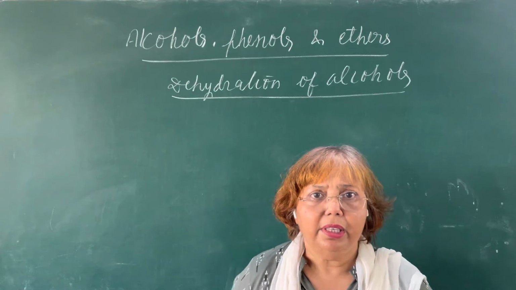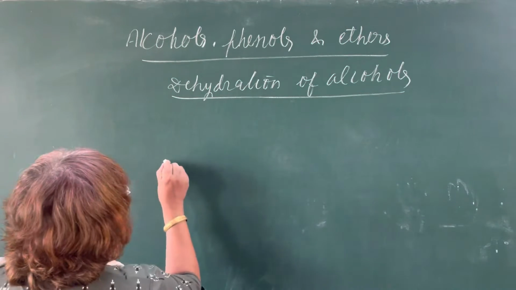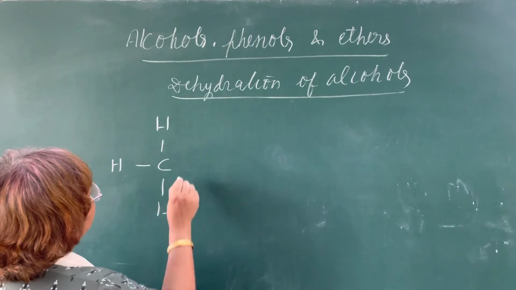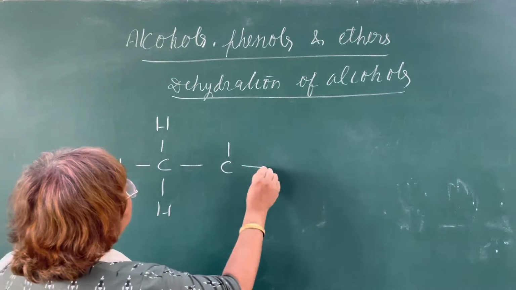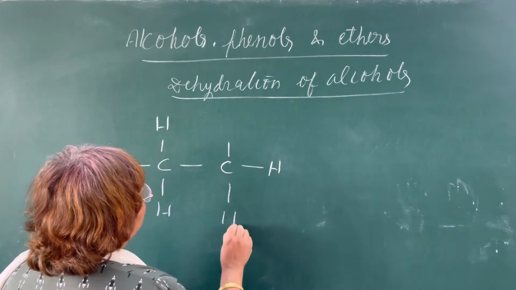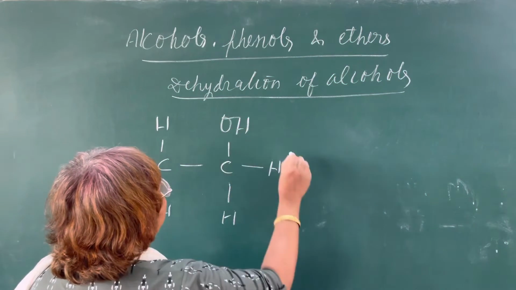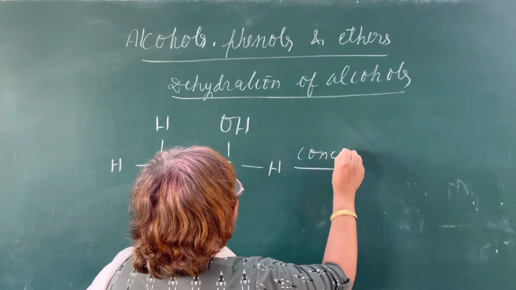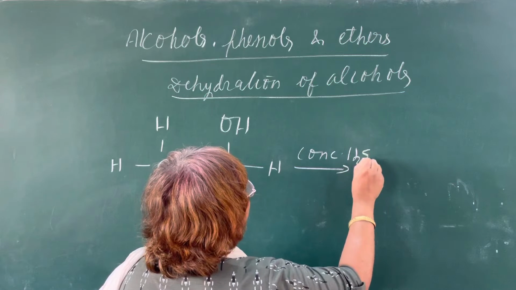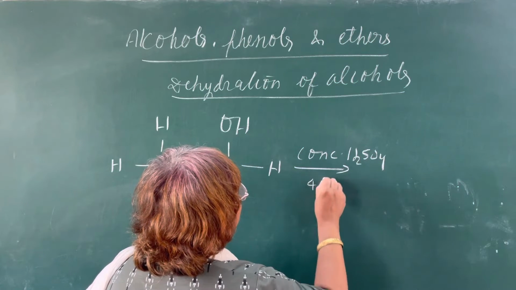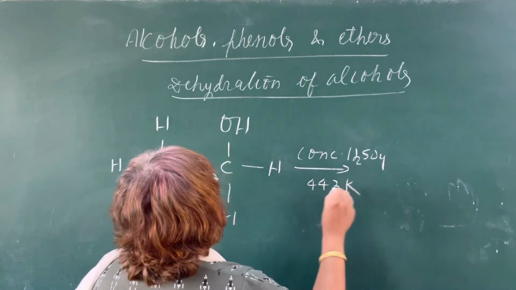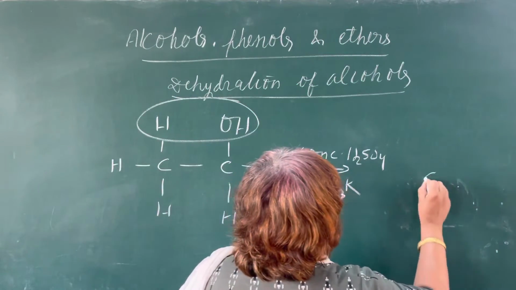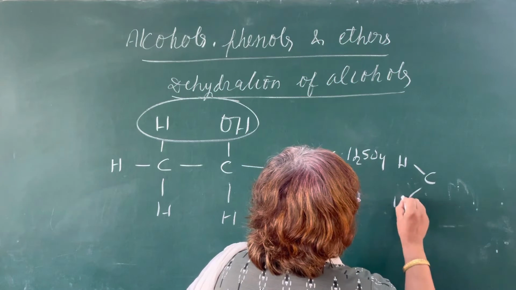As for example, let me tell you, ethanol, CH3CH2OH. When it is heated with conc H2SO4 at 443 Kelvin, it loses a molecule of water, resulting into an alkene, that is ethene.